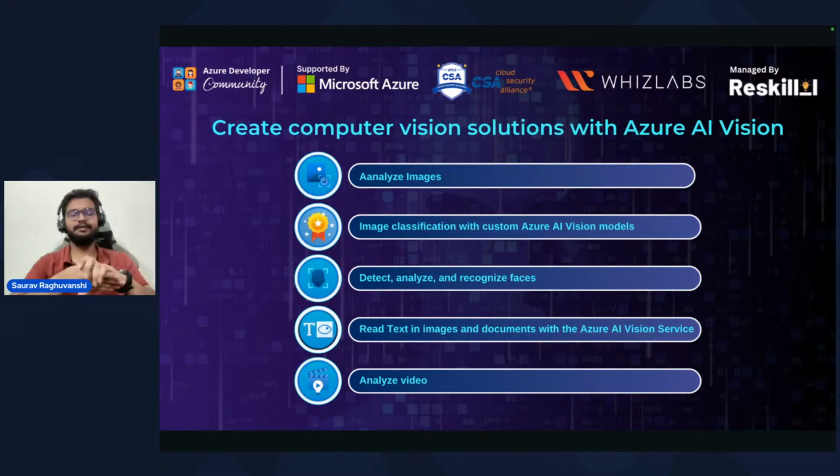I was recently delivering one session at Microsoft with one of our enterprise customers, and one of the customers came and was talking about his application. Basically, they were using a custom computer vision model in Azure, targeting the farming sector. Based upon the AI images that they capture, they divide the incoming fruits into different categories.